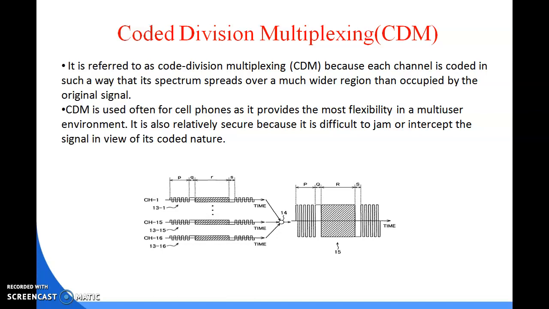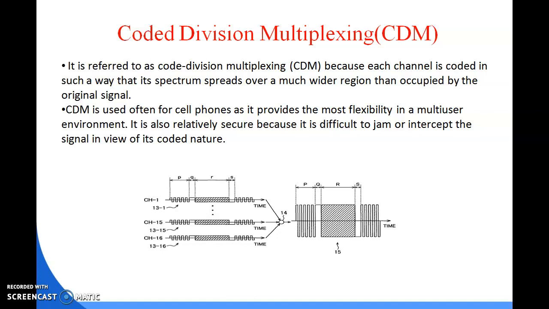This is a channel access method used by various radio communication technologies, and CDMA, code division multiple access, is an example of multiple access where several transmitters can send information simultaneously over a single communication channel.